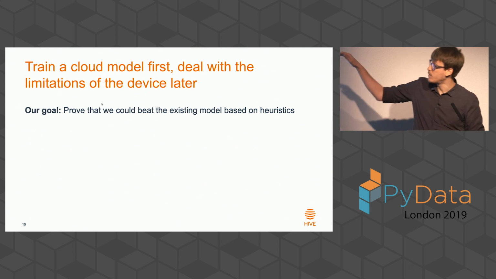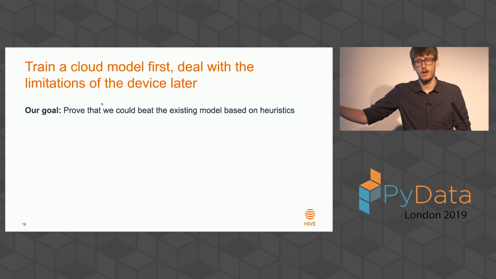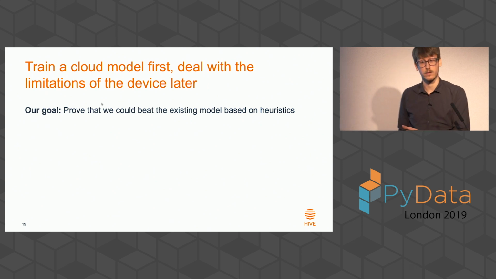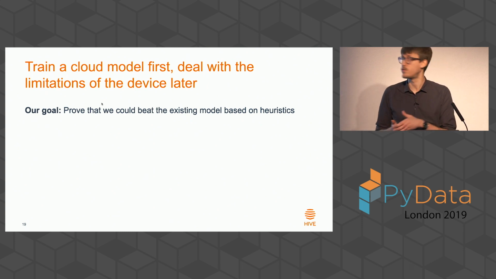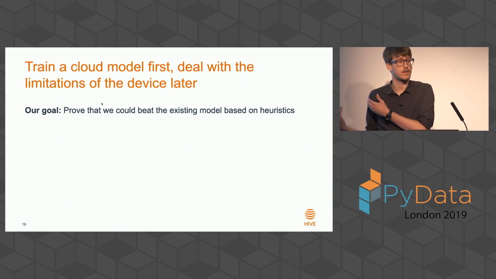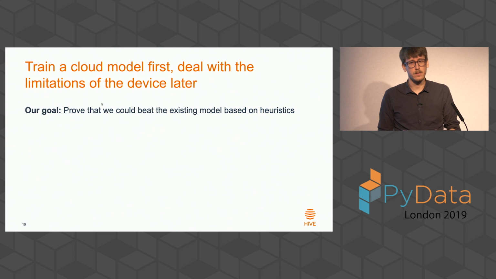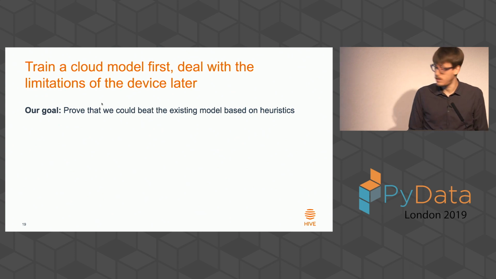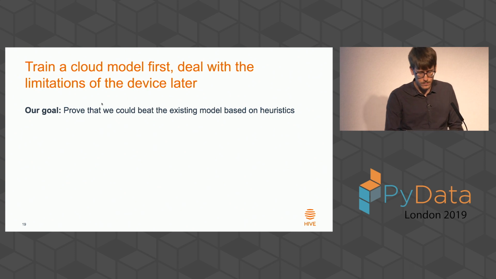We start from a model already existing there, and we want to show that we can beat it. Which means that we don't need to worry about the constraints of the hardware. We just need to prove that this is doable, because at the end of the day, you don't know that this machine learning model is actually better than whatever we have in production.